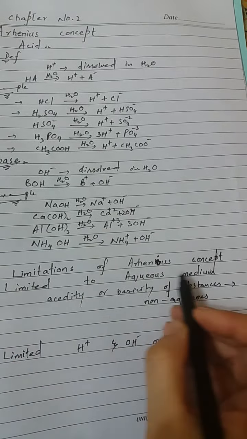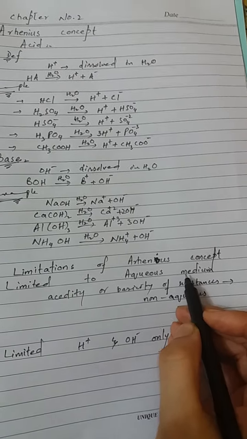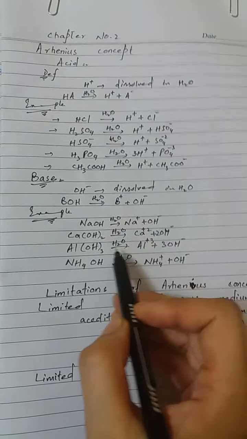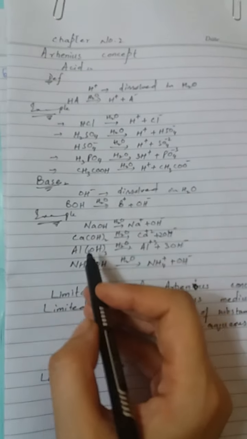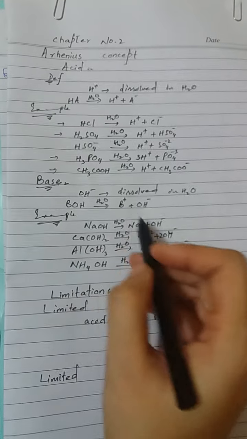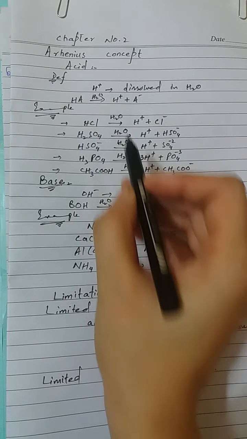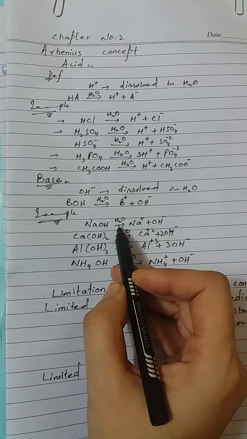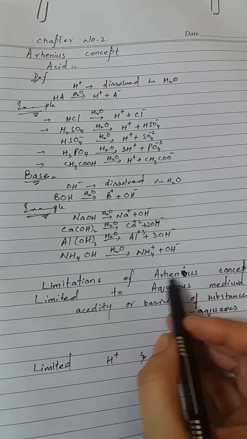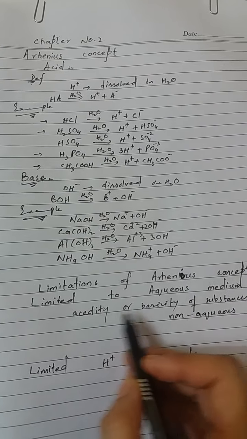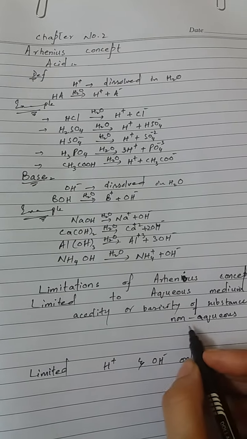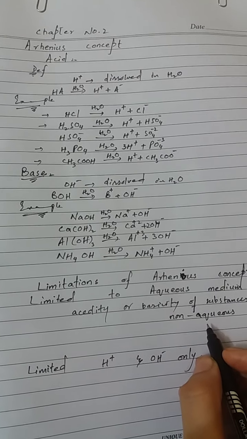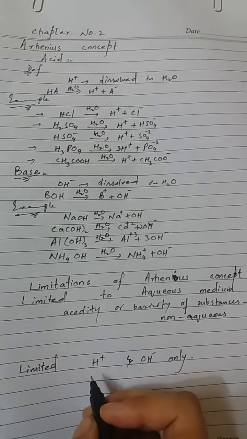So it is limited to aqueous medium only, as we have studied these acids and bases. They produce hydrogen ion and hydroxide ion when they dissolve in water. Here water is known as aqueous medium. So this Arrhenius concept does not explain the acidity or basicity of substances in non-aqueous medium.